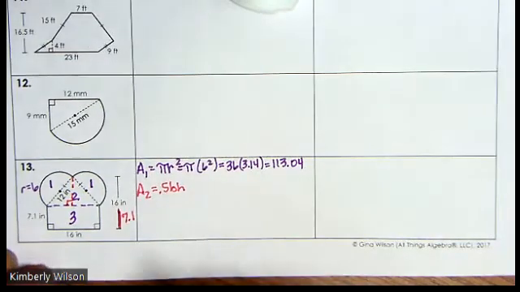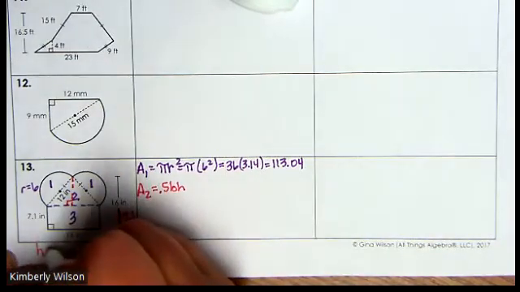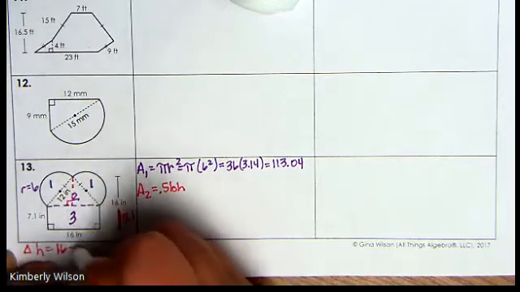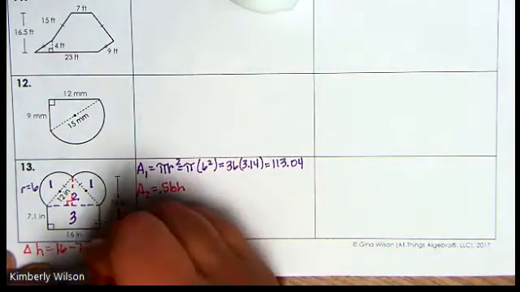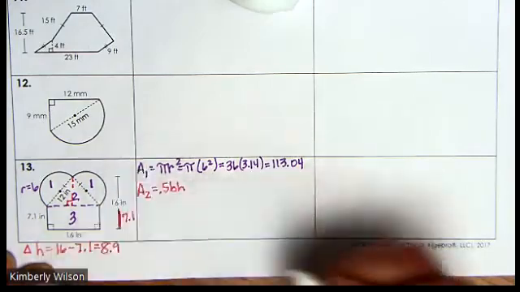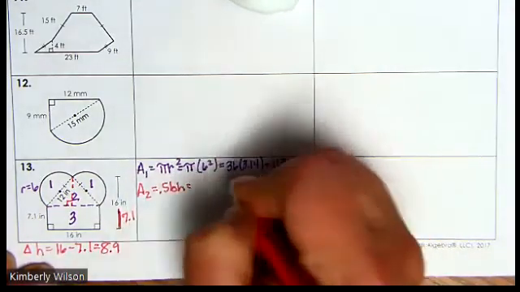So to figure out the triangle height, we have to do 16 minus 7.1, which gives you 8.9.